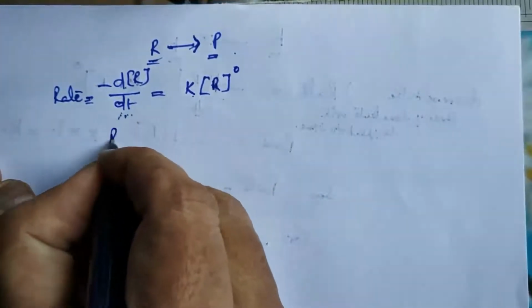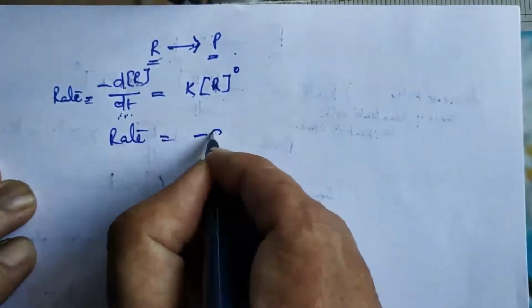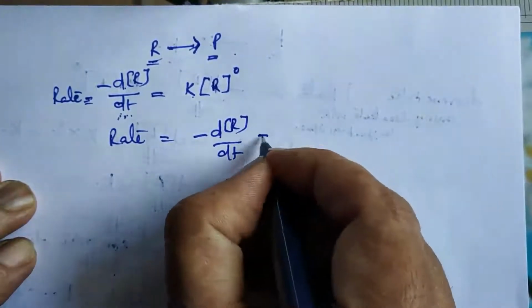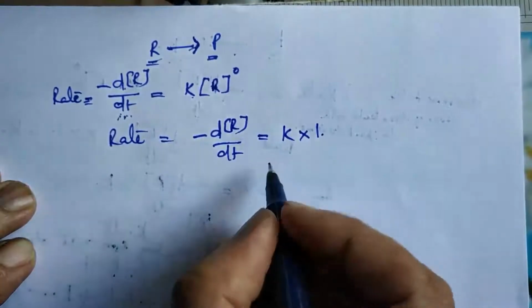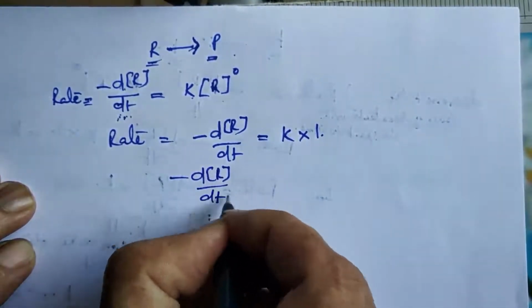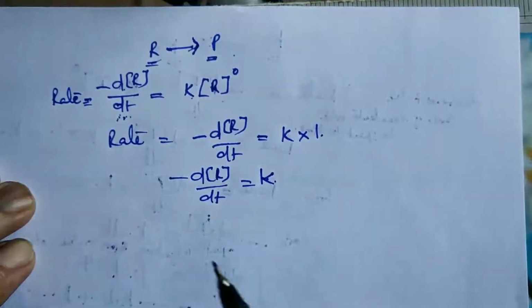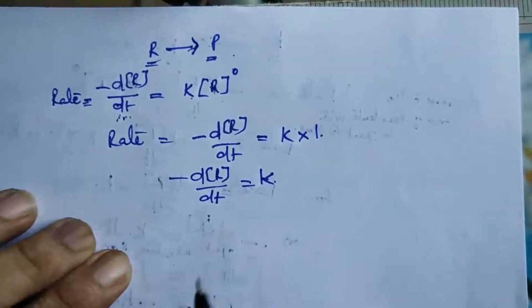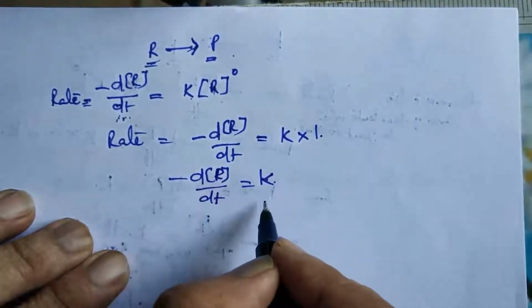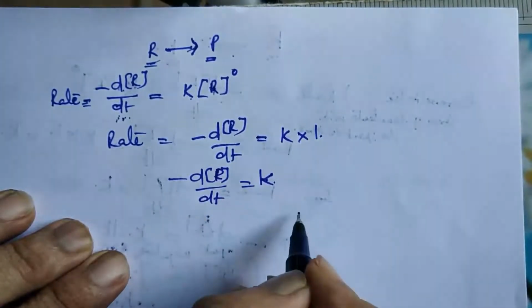So rate is equal to minus dR by dt, that is equal to k into 1. So minus dR by dt is equal to k. That is the differential equation for the rate constant for a zero order reaction.